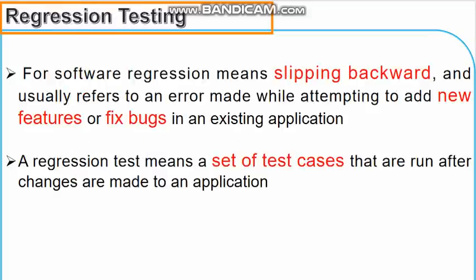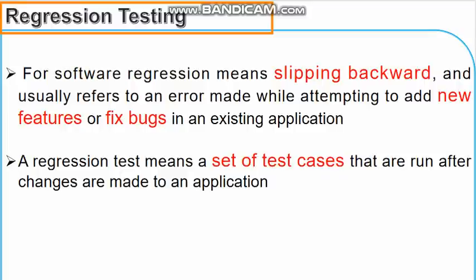Next is regression testing. What is regression testing? For software, regression means slipping backward and usually refers to an error made while attempting to add new features or fix bugs in an existing application.